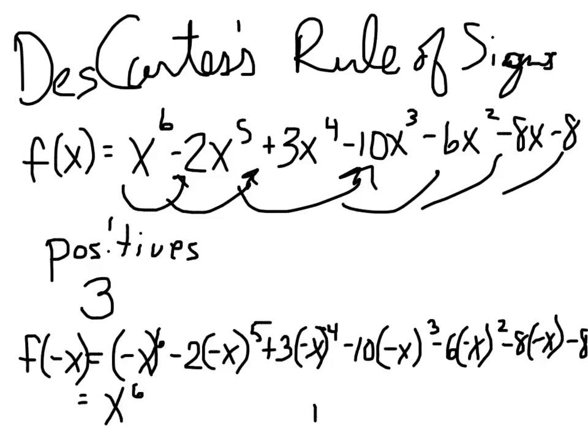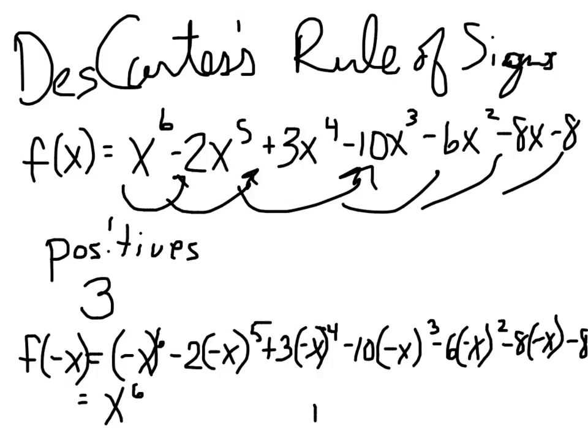If I took a negative x 5 times, is that positive or negative? Negative times a negative is a positive, times a negative is a negative, times a negative is a positive again, times a negative is a negative. So if you have an odd power of negatives, you should be negative, right?